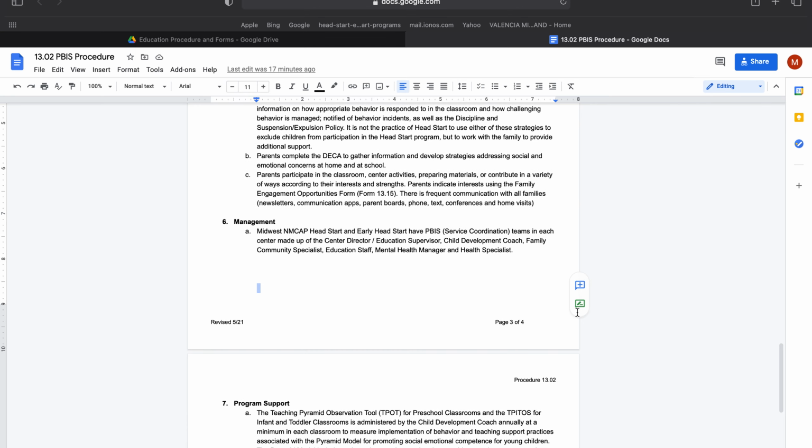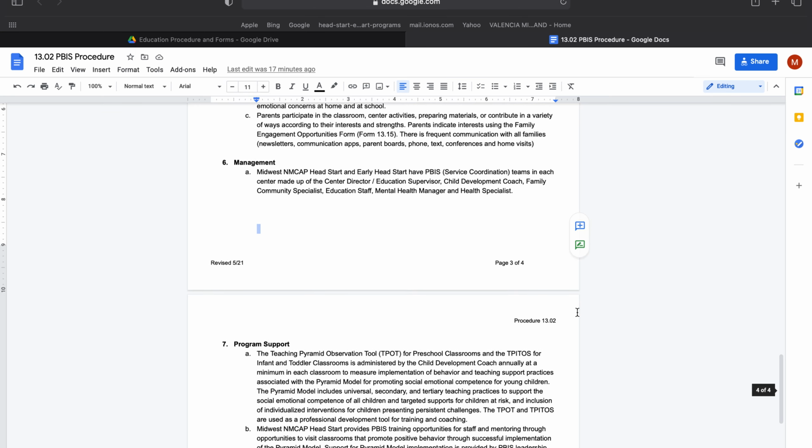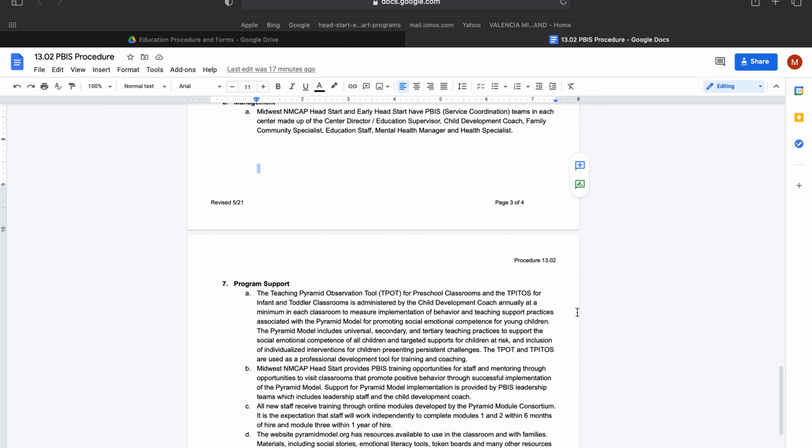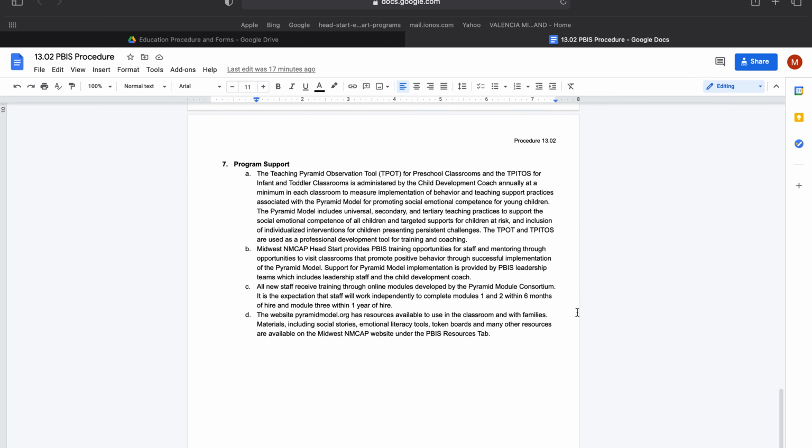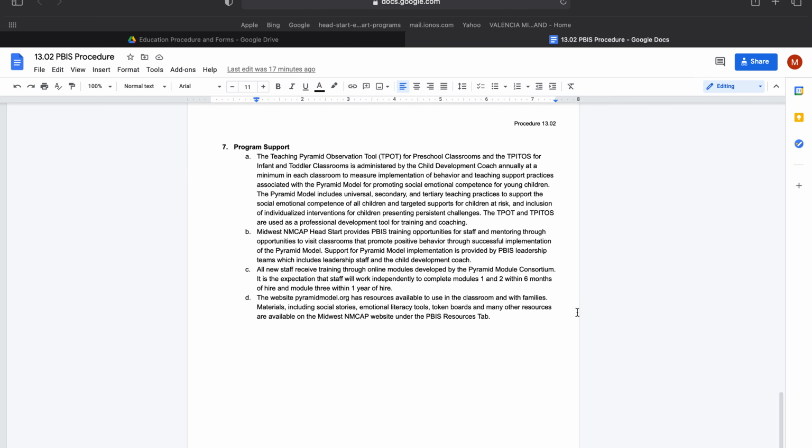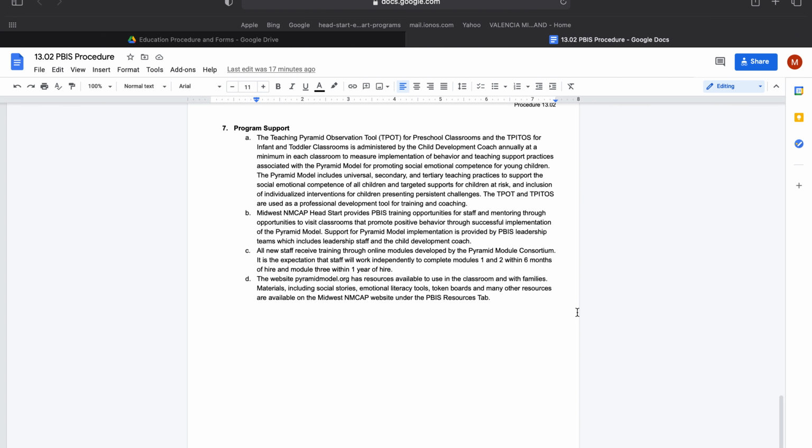The sixth key feature is management, and this feature discusses what our teams are made up of and which parties make up our teams for service coordination. And the seventh key feature of PBIS is our program support, and this key feature discusses what training we use, what types of observations we use in order to collect data.